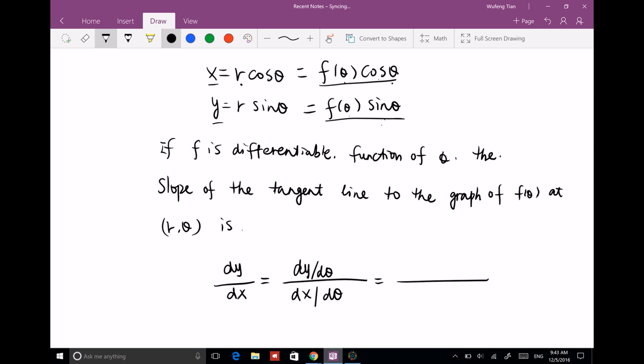What do you think the derivative is? I'm really not sure what the derivative would be. So we have f, a function, and another function here. Let me give another example. If my function is 3 tangent and sine theta, how are you going to take the derivative of this one?